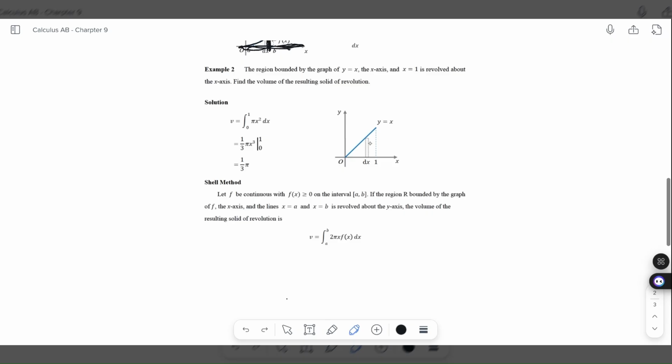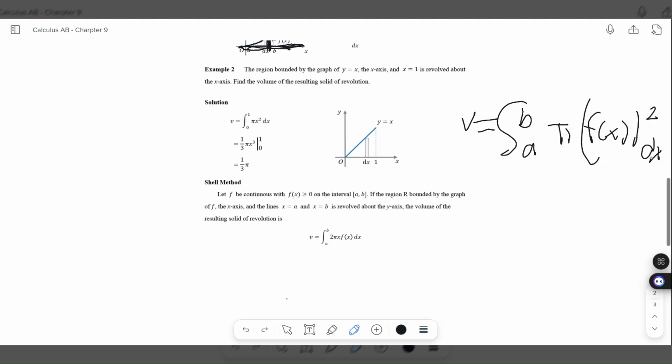Example 2. The region bounded by the graph of y equals x, the x-axis, and x equals 1 is revolved about the x-axis. Find the volume of the resulting solid of revolution. So with the same formula, V equals integral a to b pi f of x squared dx.